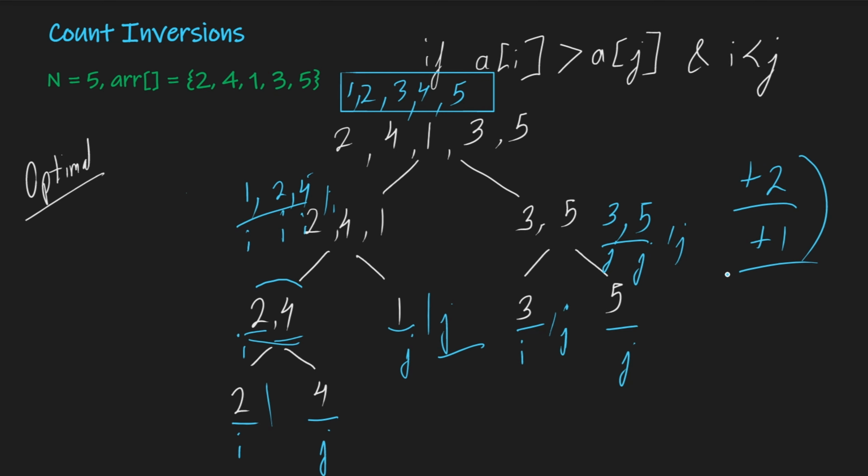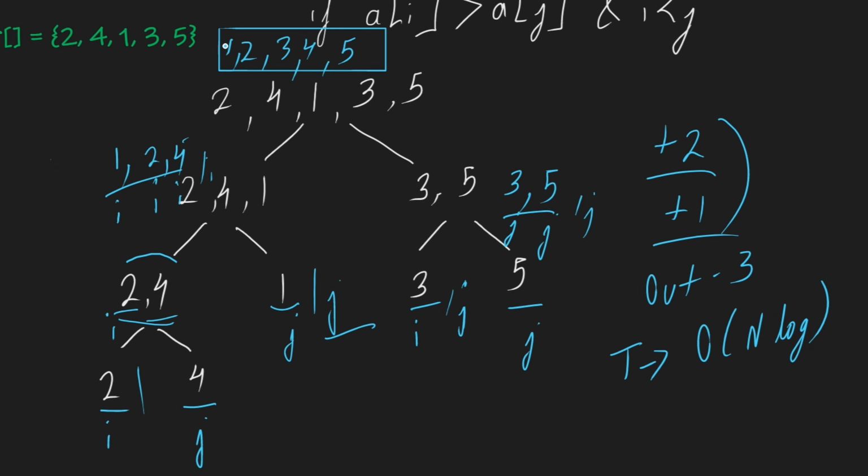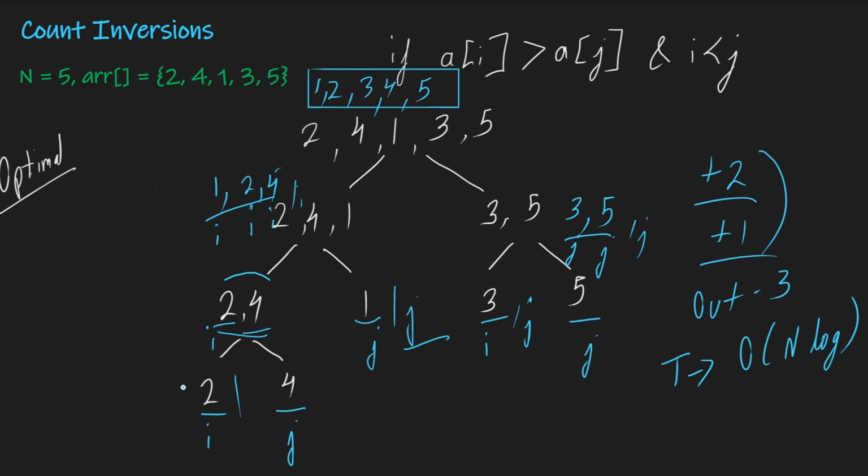So the total output is 3, and the time complexity for this algorithm is big O of n log n, because we are using merge sort, which takes n log n. The space complexity for this algorithm is big O of n, because we are going to use temporary arrays whenever required. Now we can look at the code that is required to solve this question.